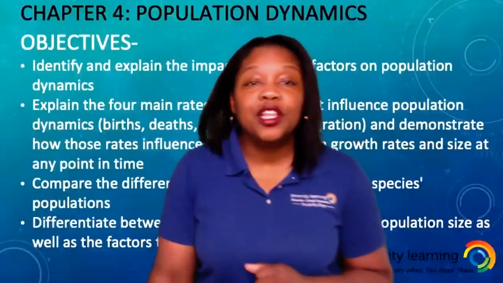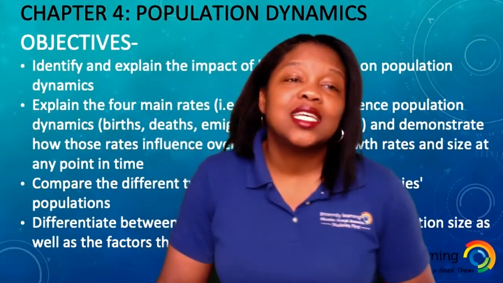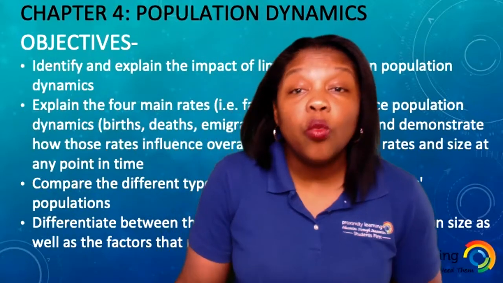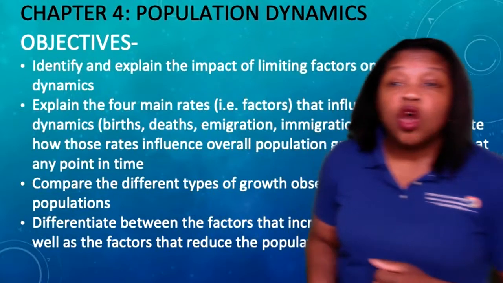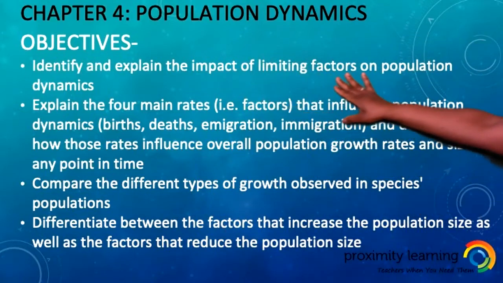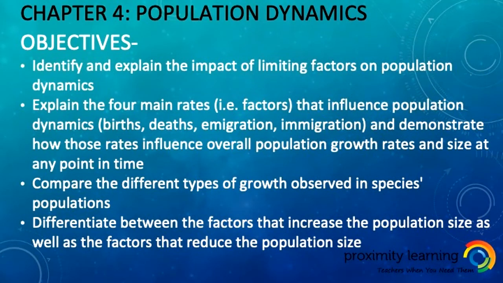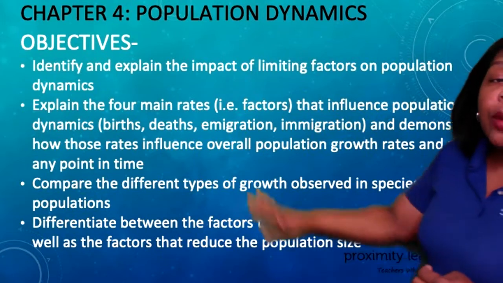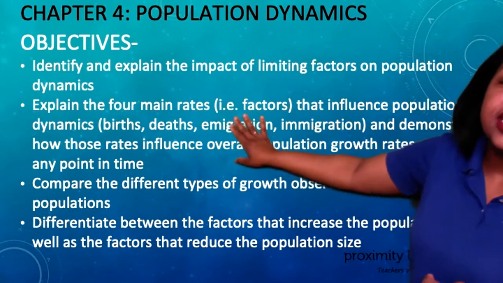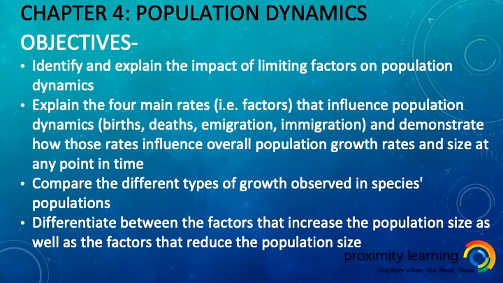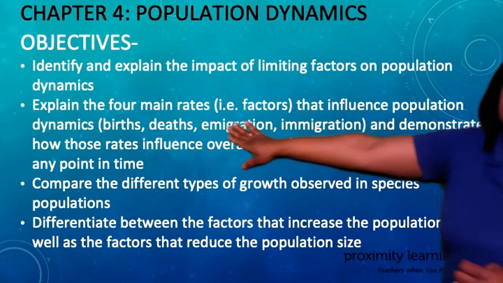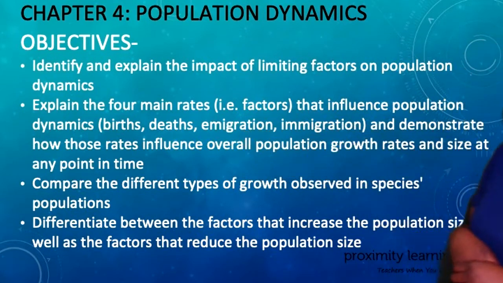Let's get started. So we're going to be talking about population dynamics. What is that? Well, we're going to be identifying what that is. We're going to talk about the limiting factors on population dynamics. We're going to talk about 4 major things that affect the rate of population dynamics: births, deaths, emigration, as well as immigration.